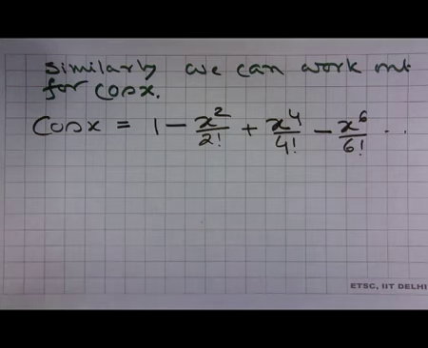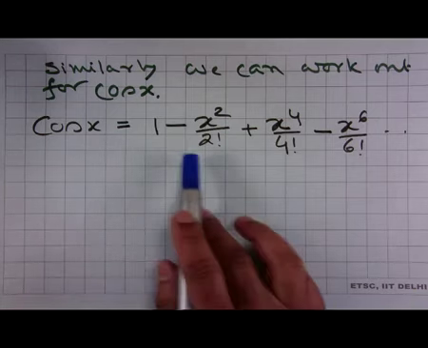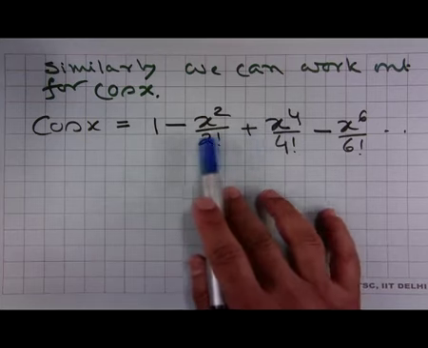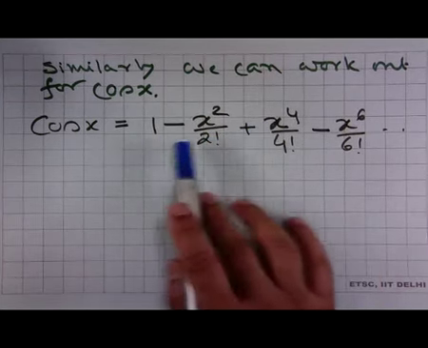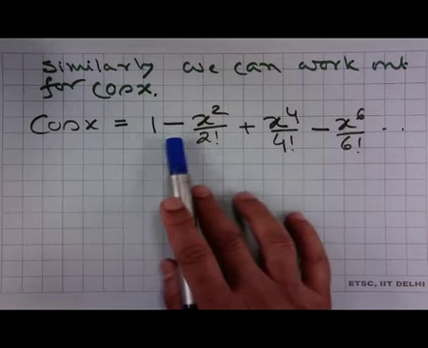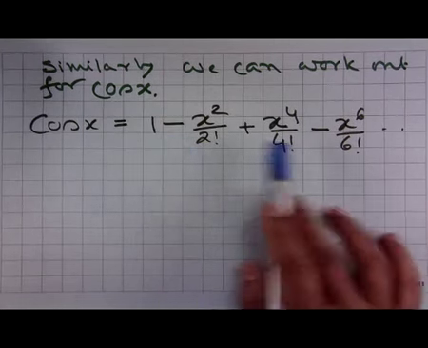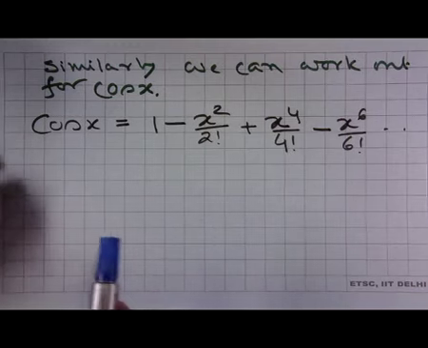That is, when we look at cos x, we find only even powers of x, and again like sin, we get alternately positive and negative signs.